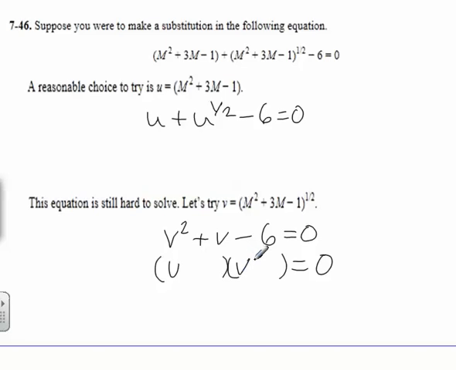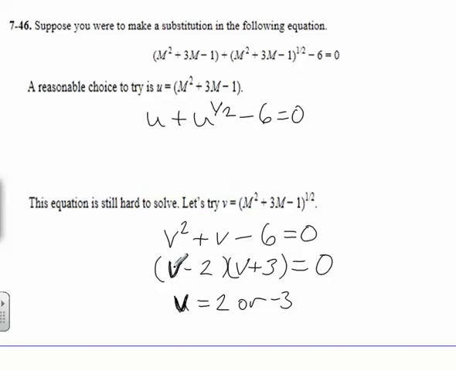So at this point we can go ahead and factor this. We want 2 times 3, with this one positive and this one negative, so v is positive 2 or negative 3. Oops, I wrote u, it's supposed to be v.